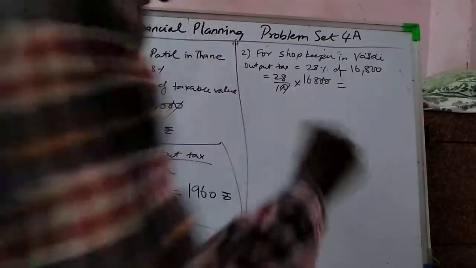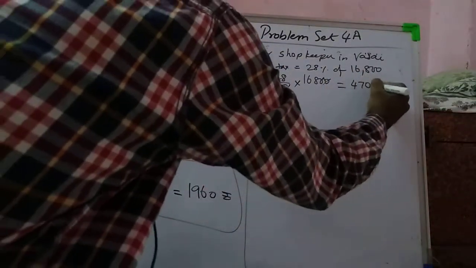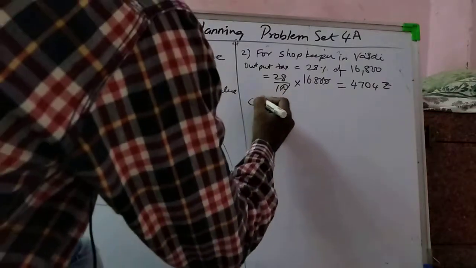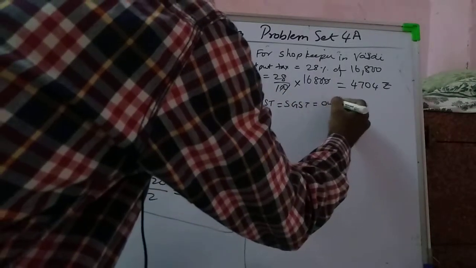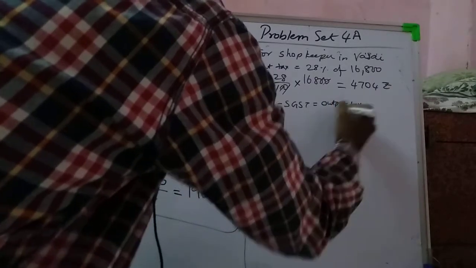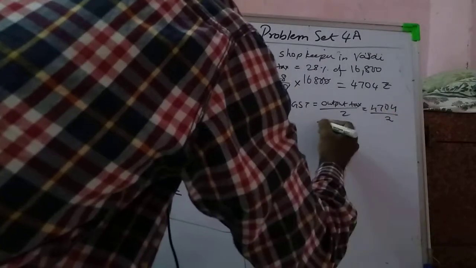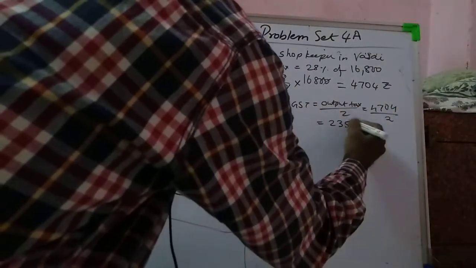Calculate all this, then you will get 4,704 rupees. Now GST, that is CGST equals SGST, equals output tax upon 2, so 4,704 upon 2. You get the answer, 2,352 rupees.